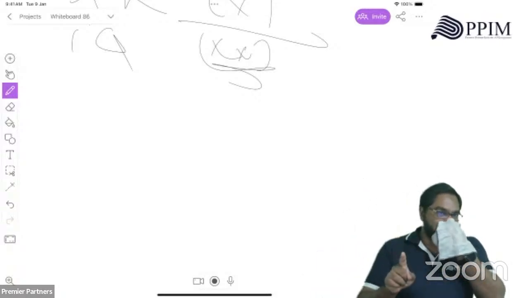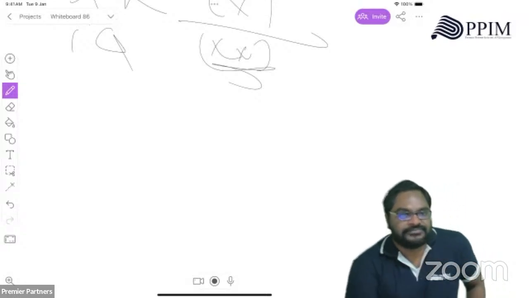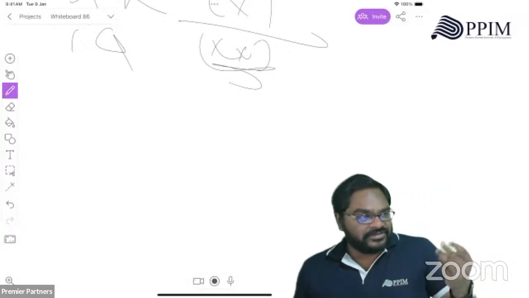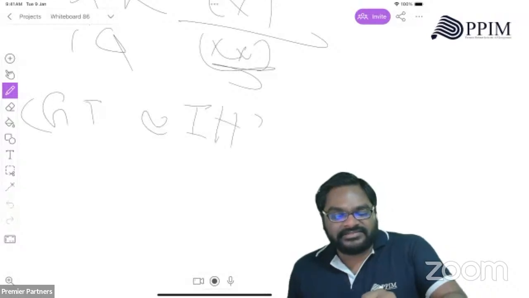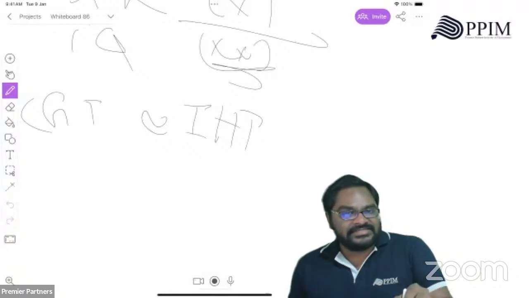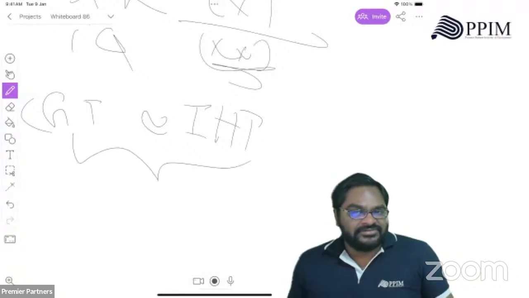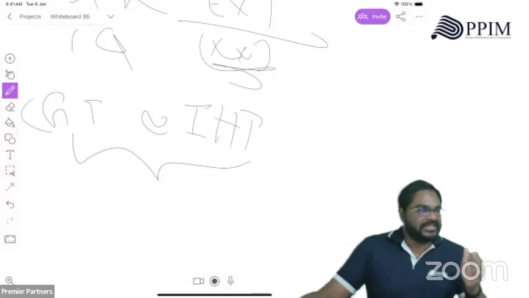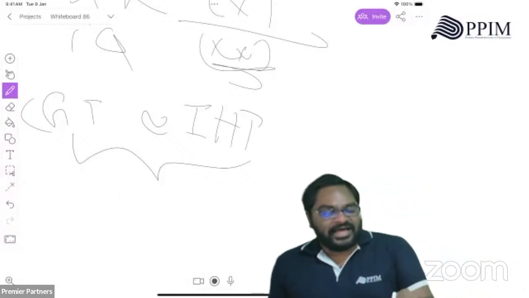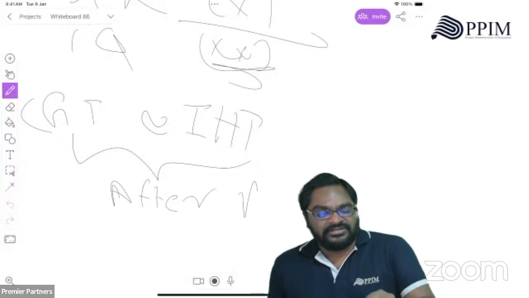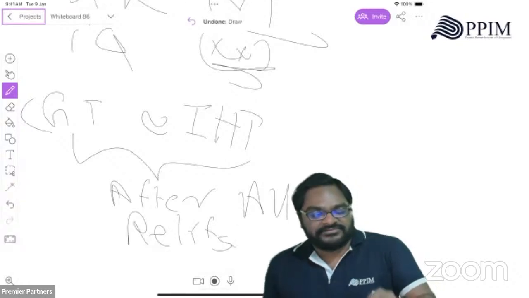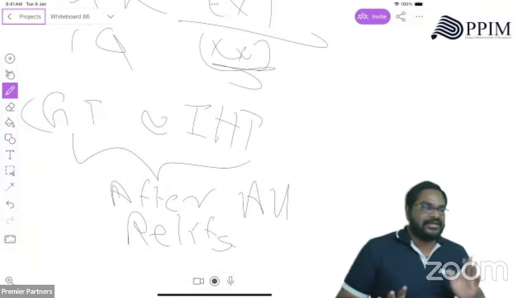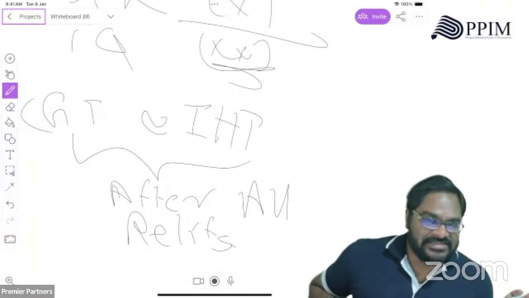In CGT and IHT, generally, unless they specifically mention, we have to assume the given number is after all allowances or reliefs. That is a generic assumption when it comes to the figures that your examiner gives in the exam.